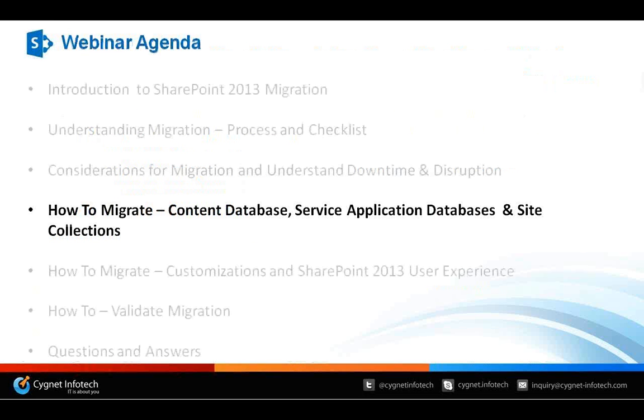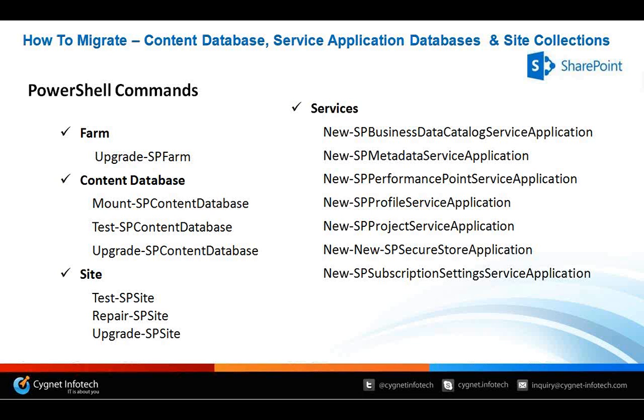Okay, now coming to the main part, that is migration of content database, service application databases, and site collections. So I would like to familiarize you with certain PowerShell commands. Basically these are the commands which we have used in our migration process.